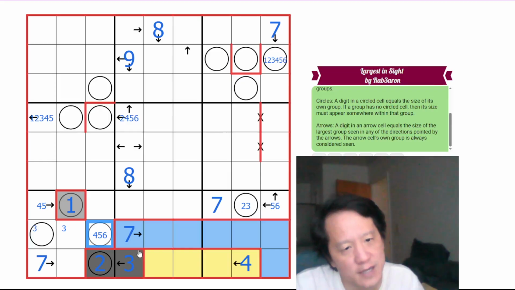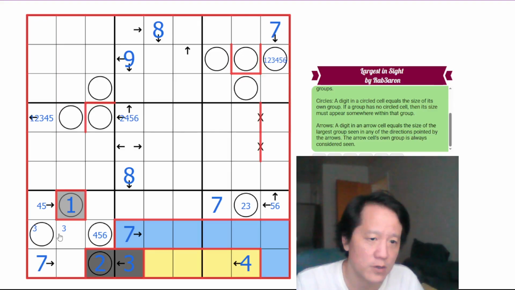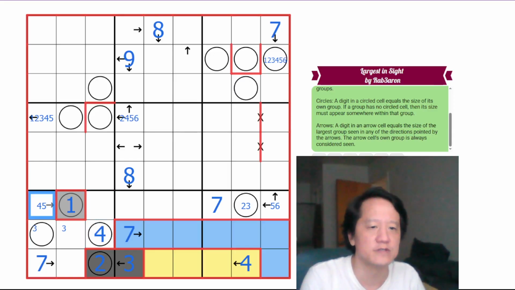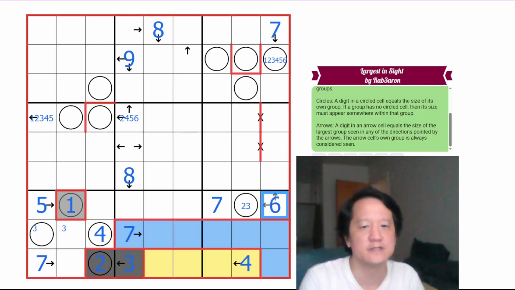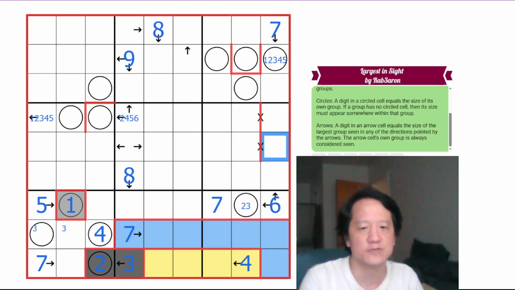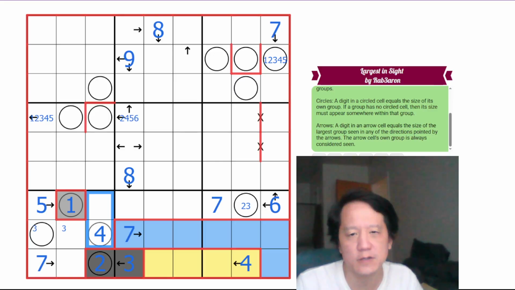Since it's size at least 4, I think this has to be 4. Because this is blocked off, it has to go here. It will be seen by both of these regions. So this must be size 4, which makes this 5, this size 6. So this can't be 6 here because of 6 in the column. So this is size 4. It has to go out this way.